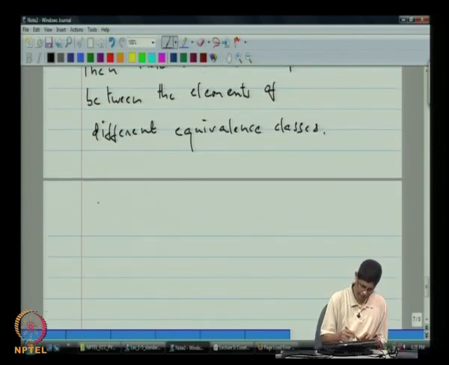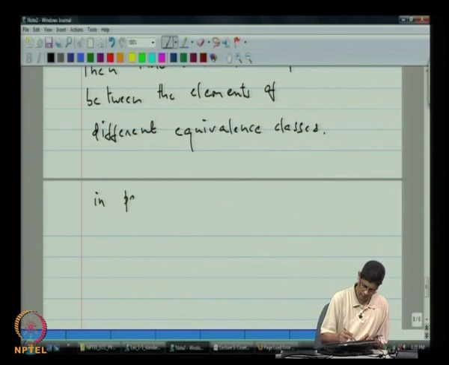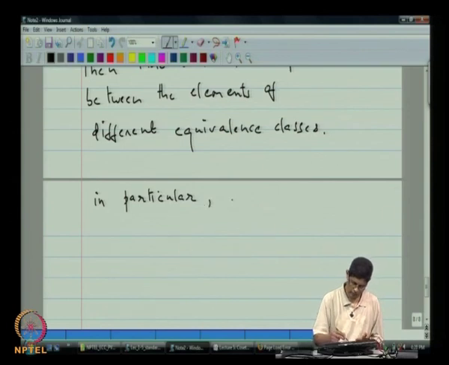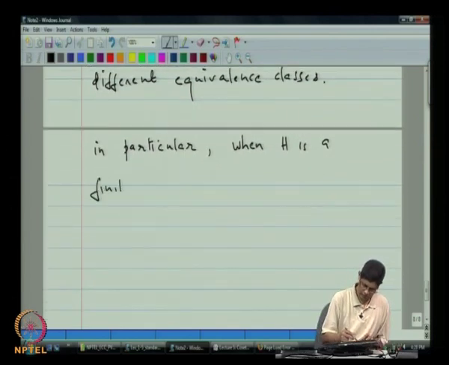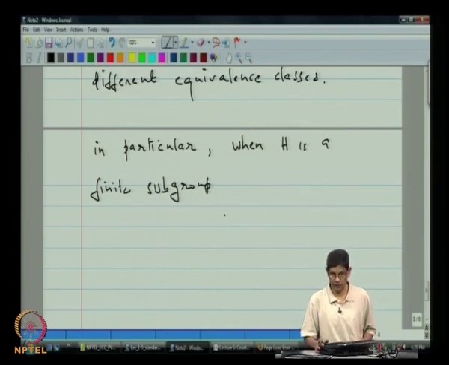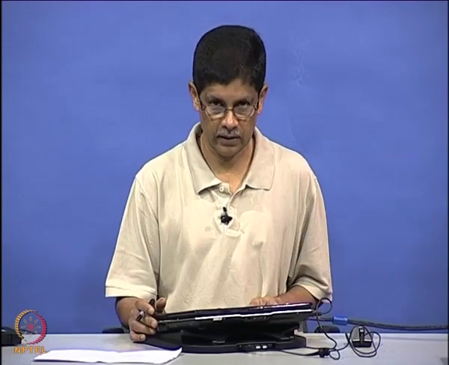In particular, when H is a finite subgroup, and this will always be the case in coding theory. So, when I say that a subgroup is finite, we simply mean that the size of the subgroup is finite, and in all of our theory of error correcting codes, we will always be dealing with finite subgroups.